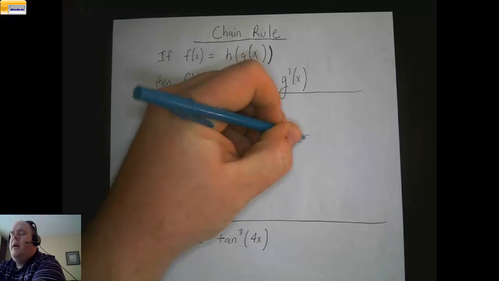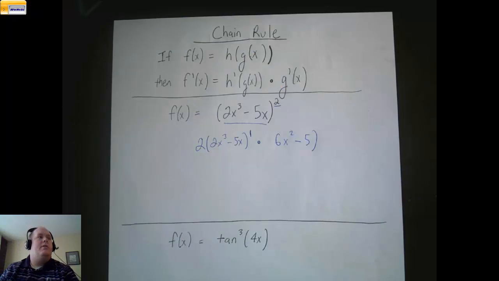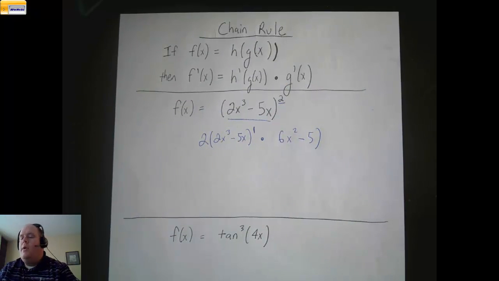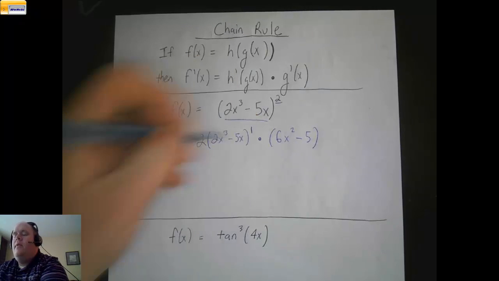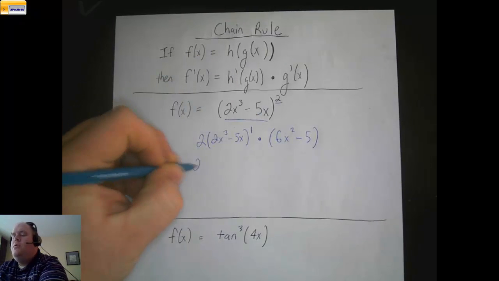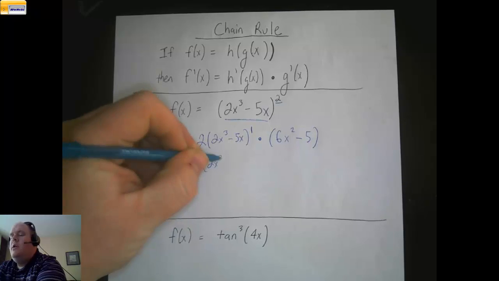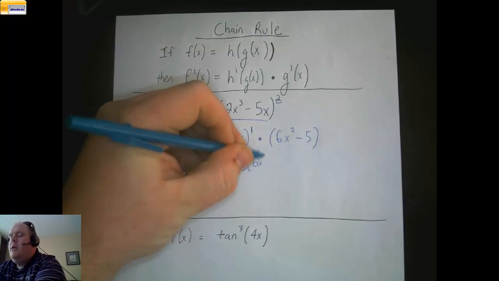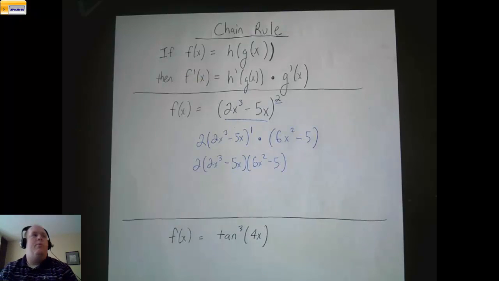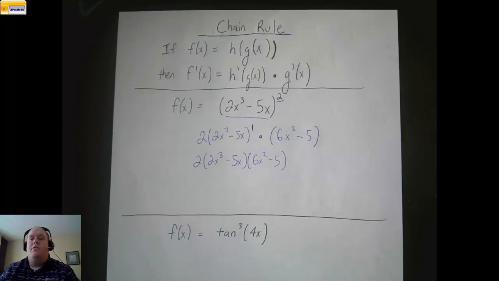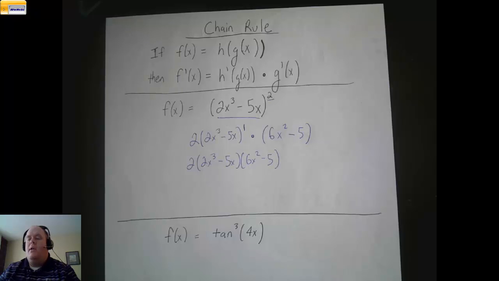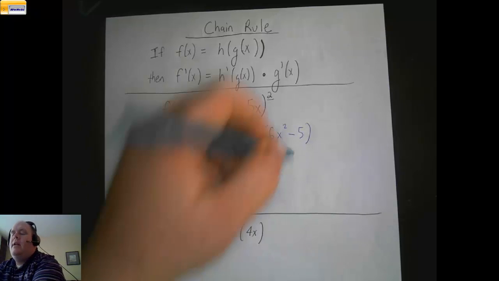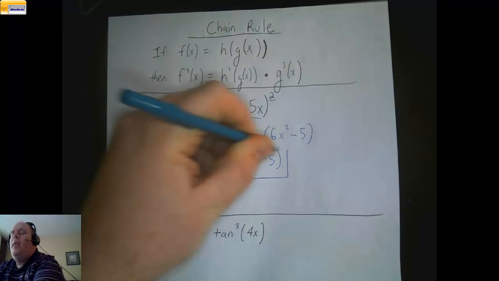And then if I put it all together, the derivative of the function is 2 times 2x cubed minus 5x times 6x squared minus 5. Now we could take the time to multiply that all out using FOIL or the box method, but in this case that is the derivative. That's good enough for us right now.